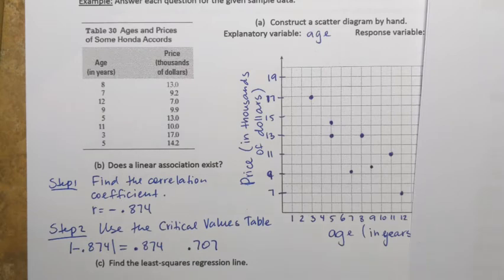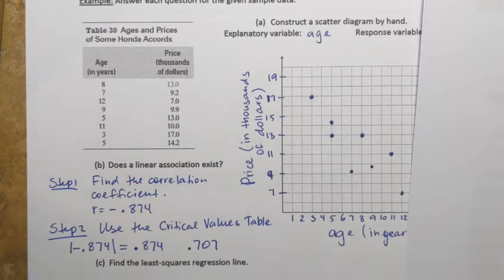I'll put here 0.707. And I need to determine whether the correlation coefficient is greater or less than the critical value. Well, we can see that the correlation coefficient is greater than the critical value. So that is the critical value. And that means that the linear association exists.